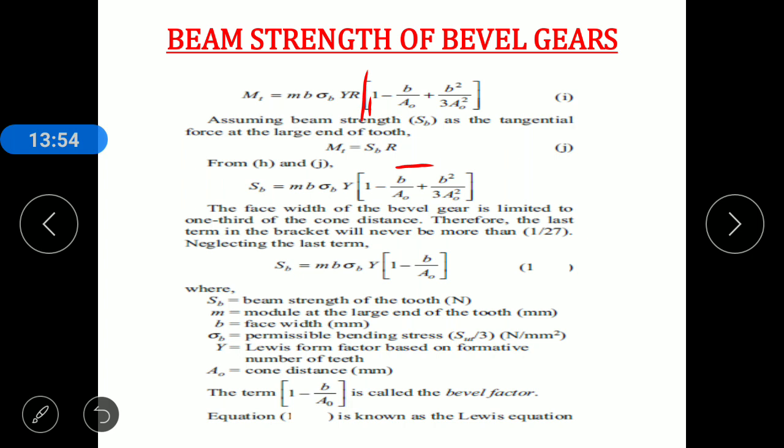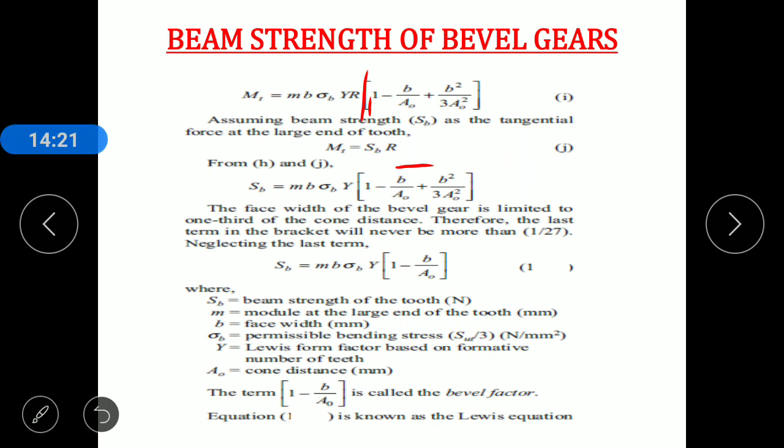Here the face width of this bevel gear, b, is taken as 10 times module, and another equation for face width is b is 1/3 of cone distance. The face width of a bevel gear is generally taken as 10 times module, or 1/3 of cone distance, whichever is smaller.